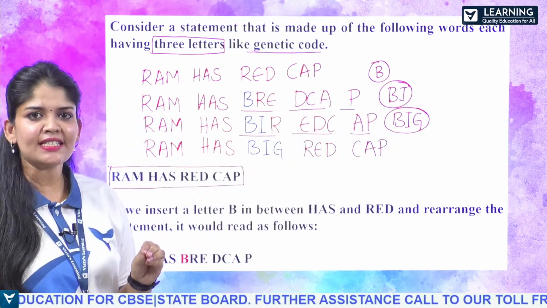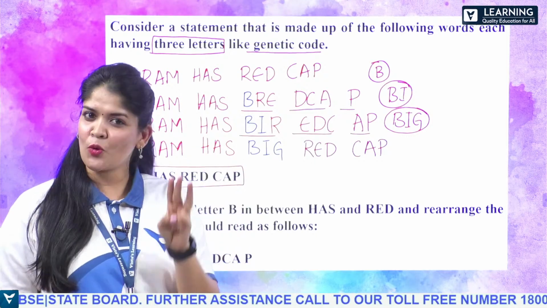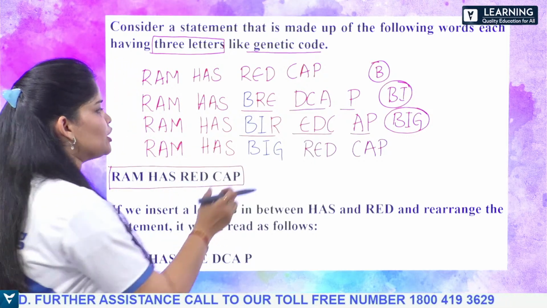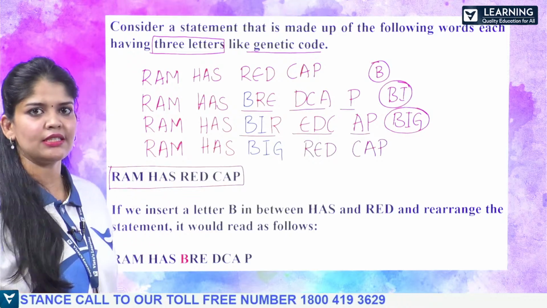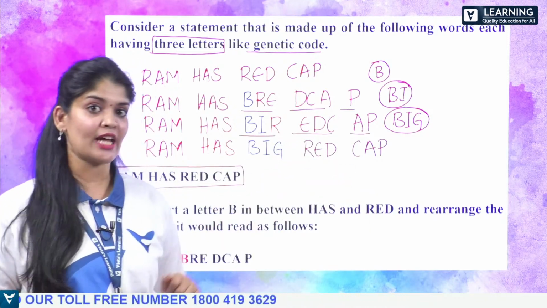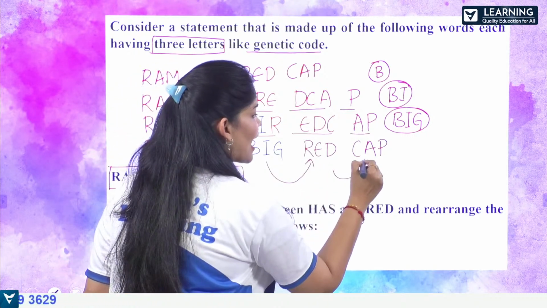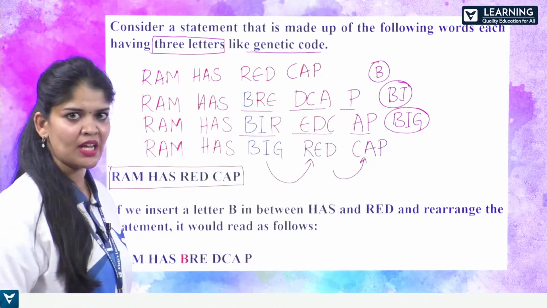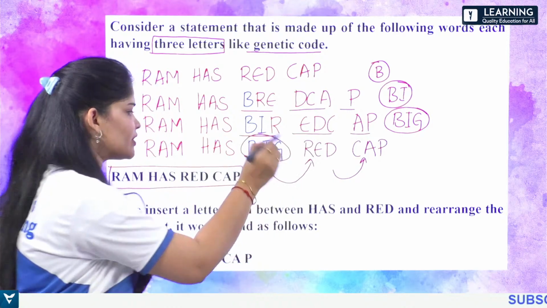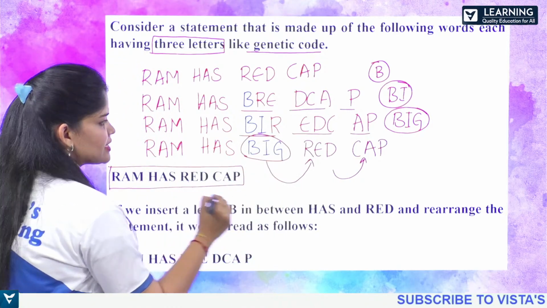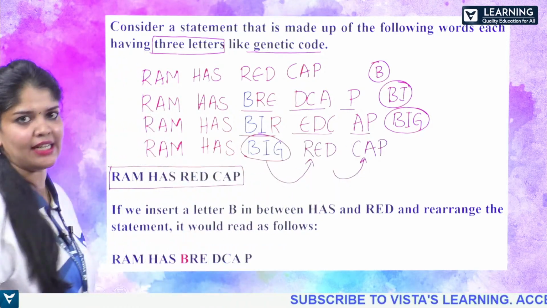If you insert 3, as a codon is a triplet, once you insert 3 letters or multiples of 3, then what happens? There is no alteration seen after the point of insertion. Say this is a complete codon. After that, RED CAP, which is similar to the original statement.